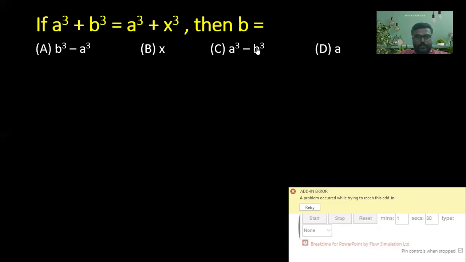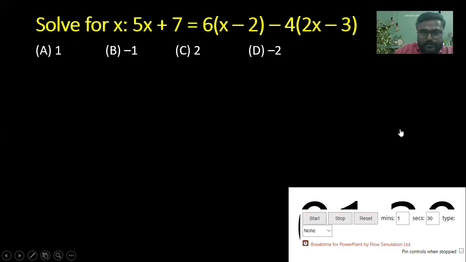Ablam says B, and NJ also says B, which is absolutely correct. Let's move on to the next question. Solve this question, guys. Your time starts now.